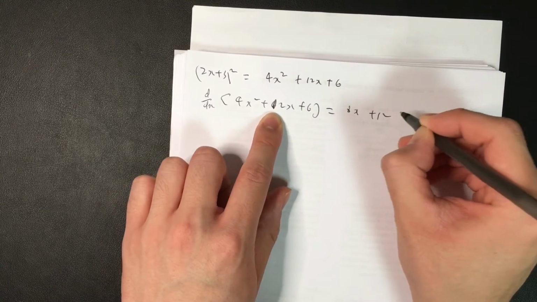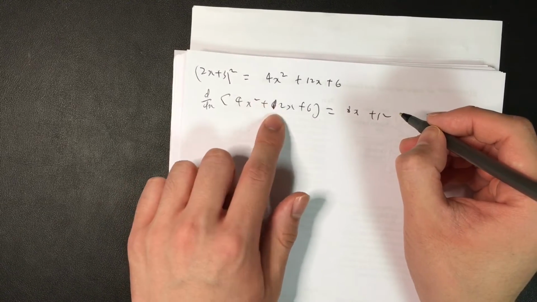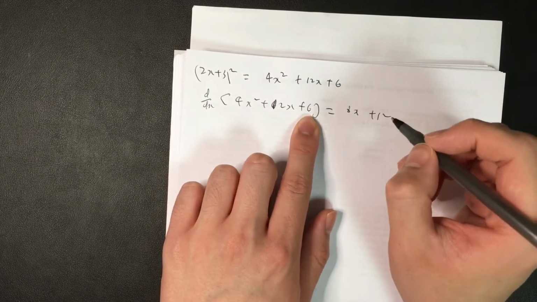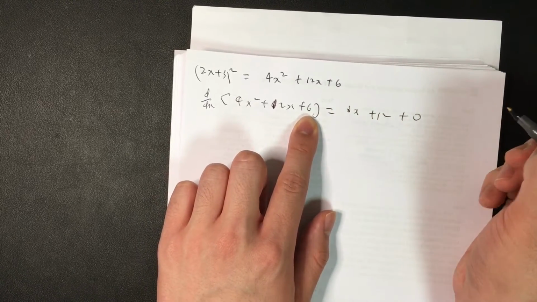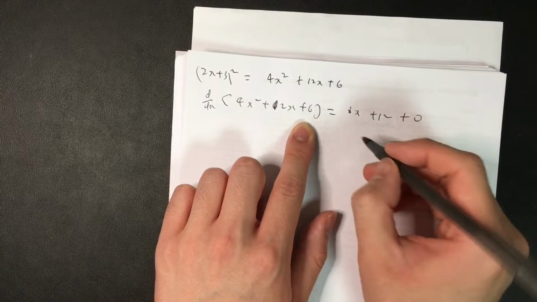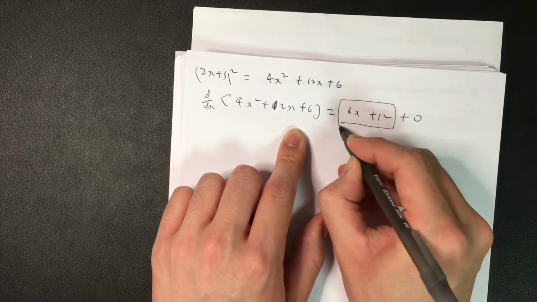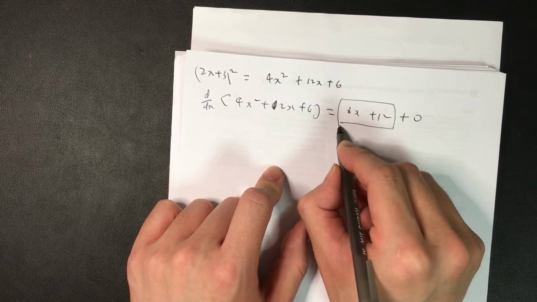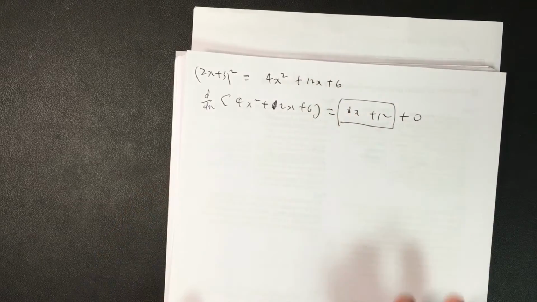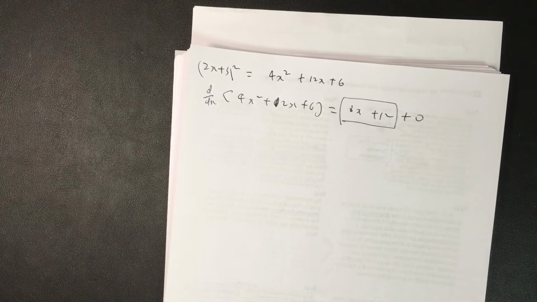This term is just 12 because this is linear and I just take the coefficient. And this is a constant, which has zero slope because it does not vary with x. So therefore, we verify that the chain rule led to the correct derivative value.